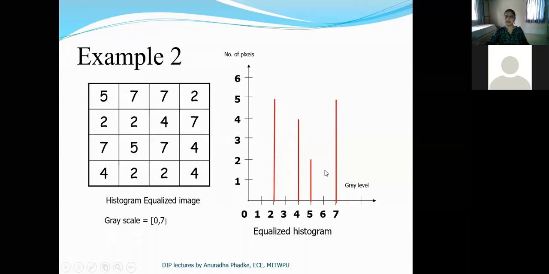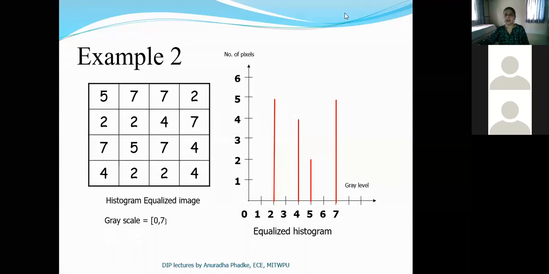We can say it has a greater dynamic range, and hence the contrast is improved for this histogram equalized image because it is occupying a greater dynamic range. So are these steps clear to you? If you have any query, please type in the chat box.